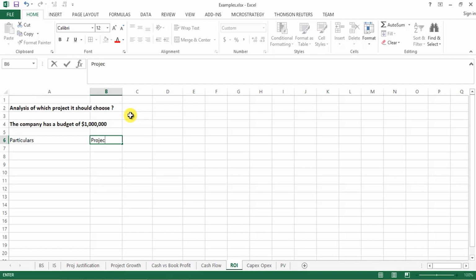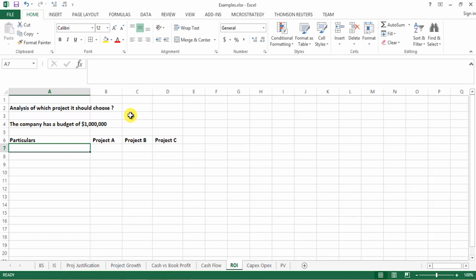Let's say the company is considering three projects: project A, project B, and project C. Okay, so by taking these projects, the company expects an increase in revenue. This will be in absolute dollar values.